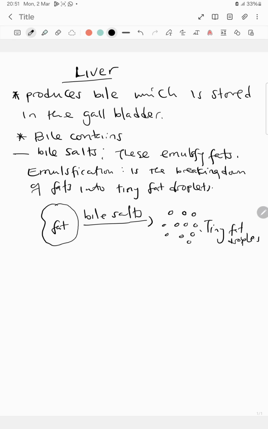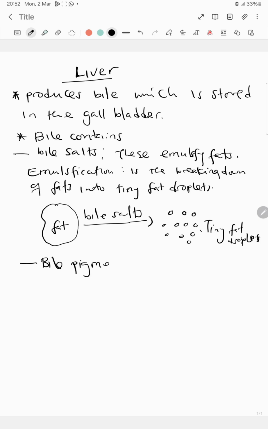Not until the fats have been broken down into tiny fat droplets can pancreatic lipase digest these into becoming fatty acids and glycerol.